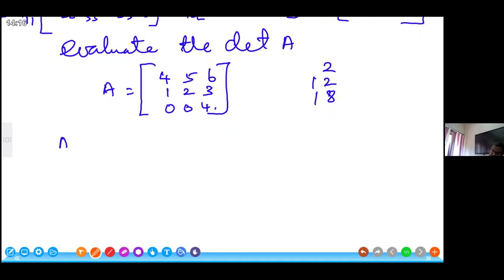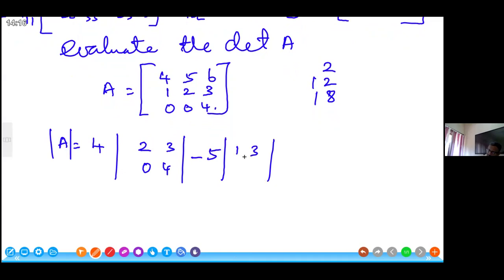Right, when you want to find the determinant of A, as we said, it is 4 into the cofactor of 2, 3, 0, 4, minus 5 into the cofactor of 1, 3, 0, 4, plus 6 into the cofactor of 1, 2, 0, 0. Anybody has any doubt on that? Right.